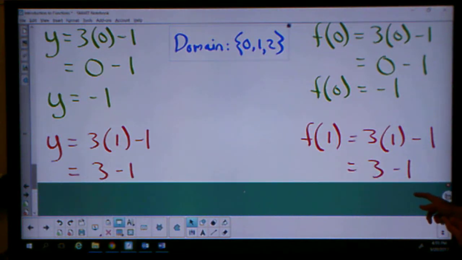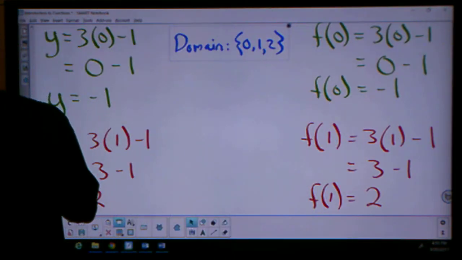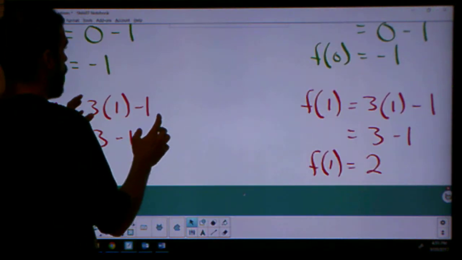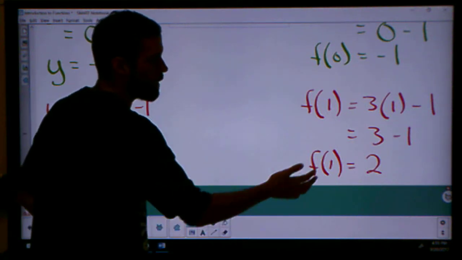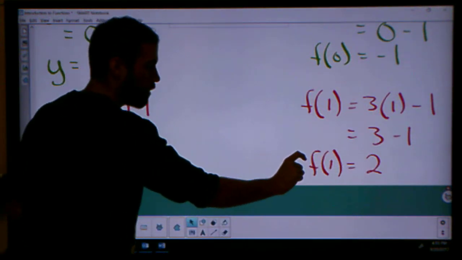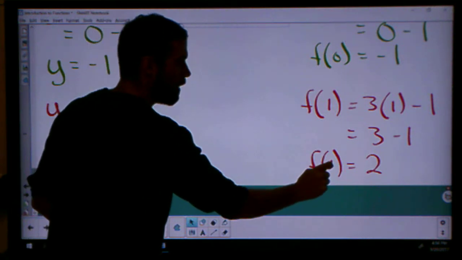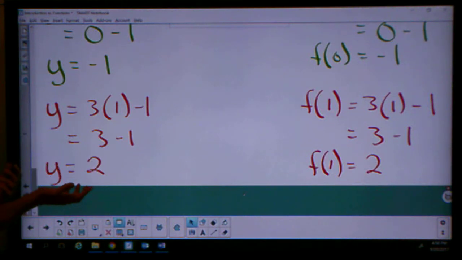And you still do the computing the exact same way. You're going to get the same answer on both sides because, again, it just means the y value. f of 1 is going to equal 3 minus 1. f of 1 equals 2. The function, when you plug in 1, gives you an output of 2, or y equals 2.